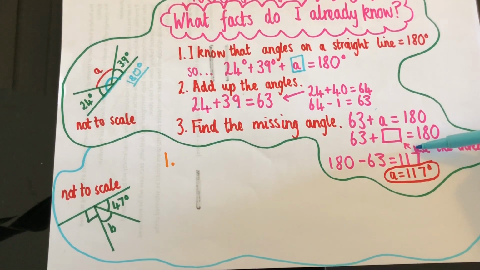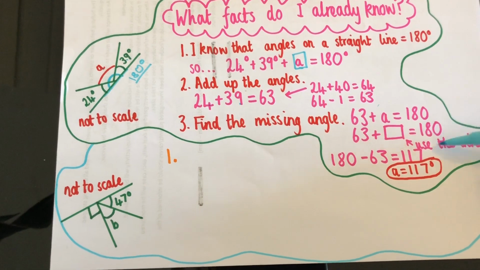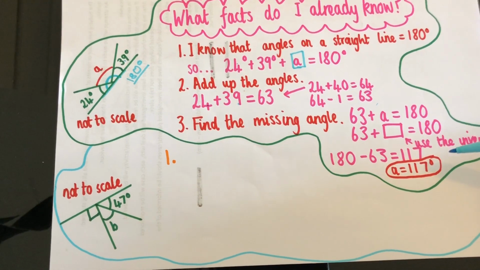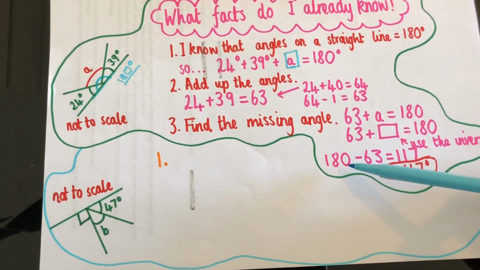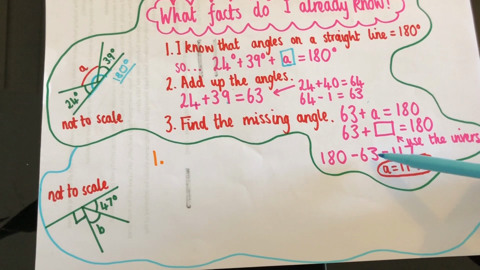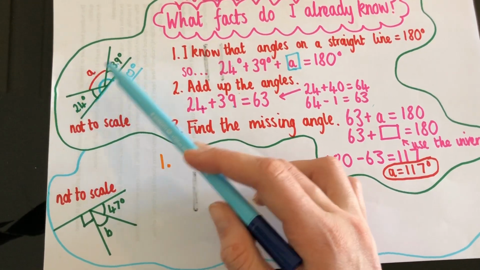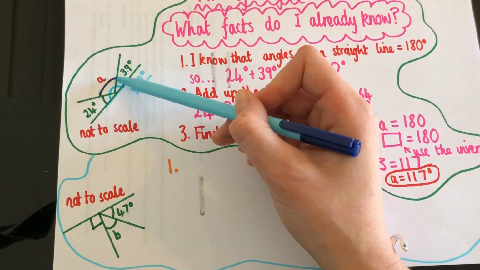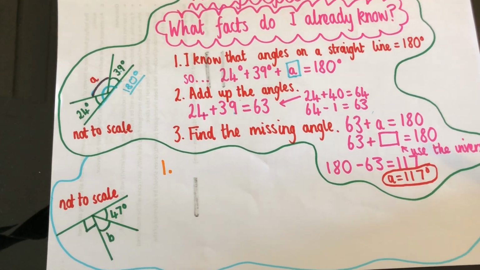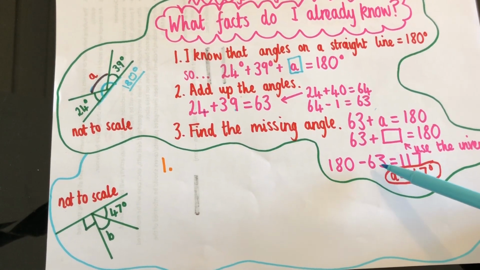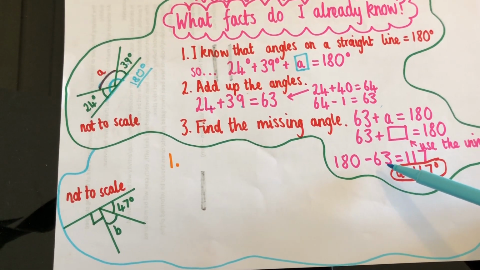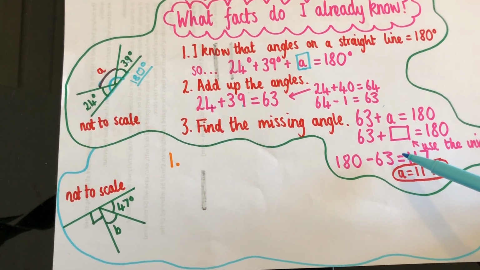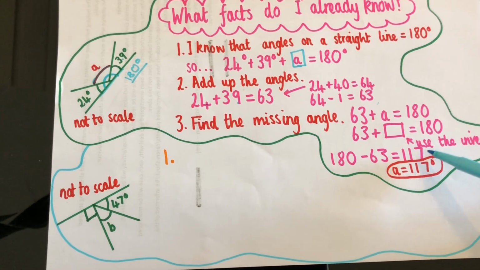I need to do the inverse, because this plus this equals 180 degrees. So this is going to be my largest number, because they're both positive numbers. So I need to do 180 subtract 63. I'm going to take these two away from my 180, and what I'll be left with is my missing amount, my A. So if I do 180 subtract 63, I need to add 7 on to get to 70, 10 on to get to 80, and then add another 100, so I've got 117.